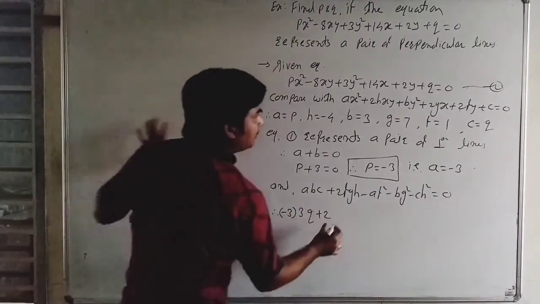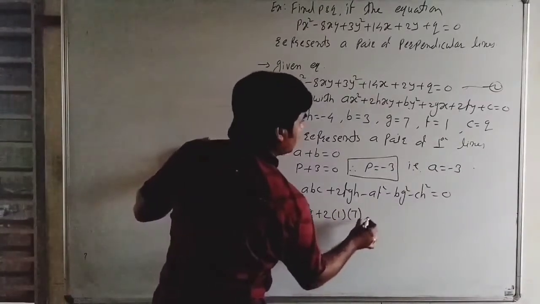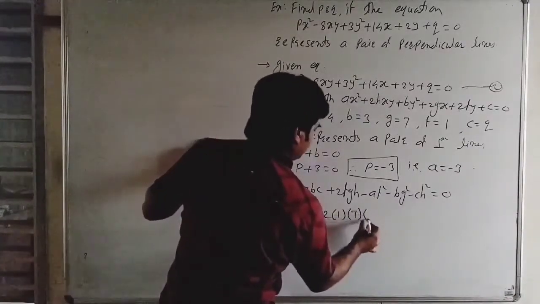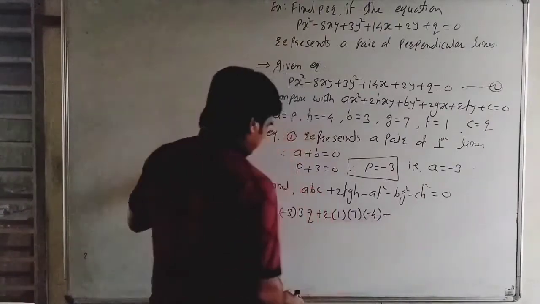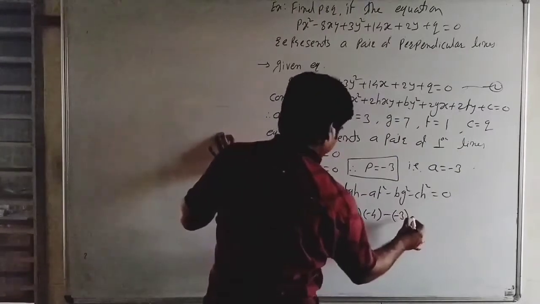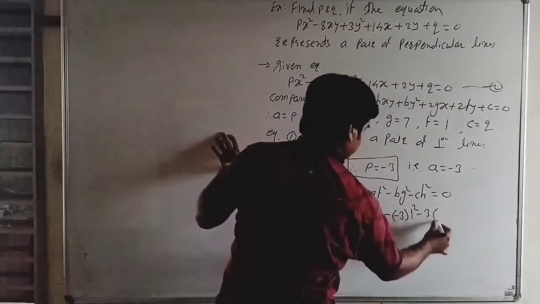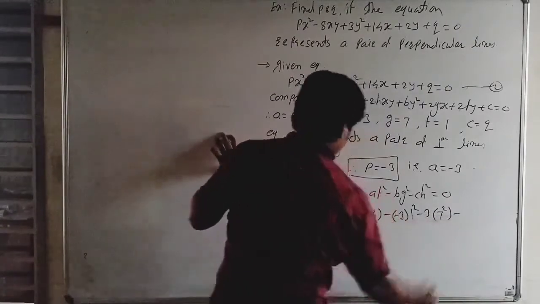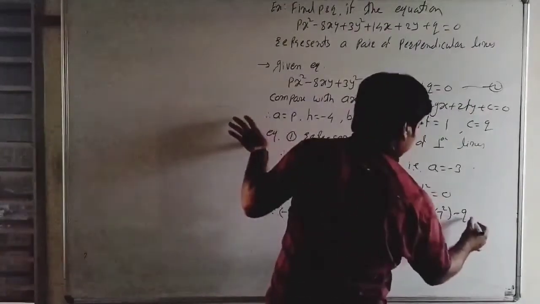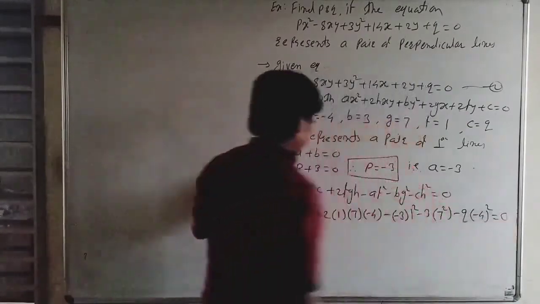Plus 2, f is 1, g is 7, h is minus 4. Minus af square, that is minus 3 into 1 square. Minus bg square, that is 3 into 7 square. Minus ch square, q into minus 4 square is equal to 0.